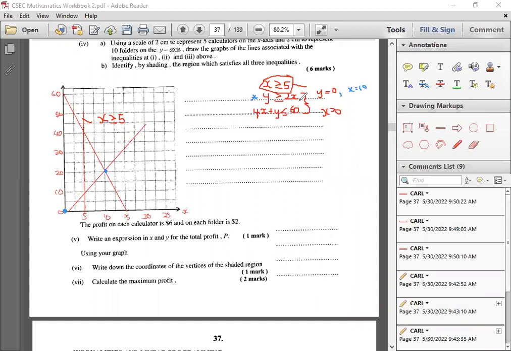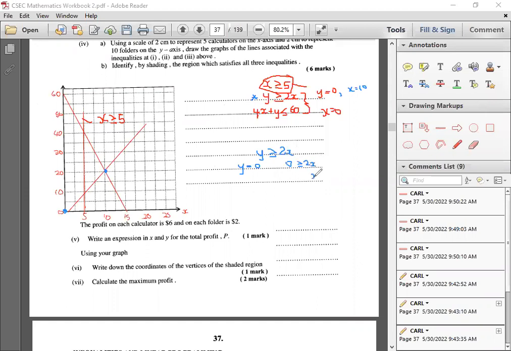Sir, can you go over y is greater than or equal to 2x on the graph, please? All right, so y is greater than or equal to 2x. As I said, when y equals 0, then 0 is going to be greater than or equal to 2x.